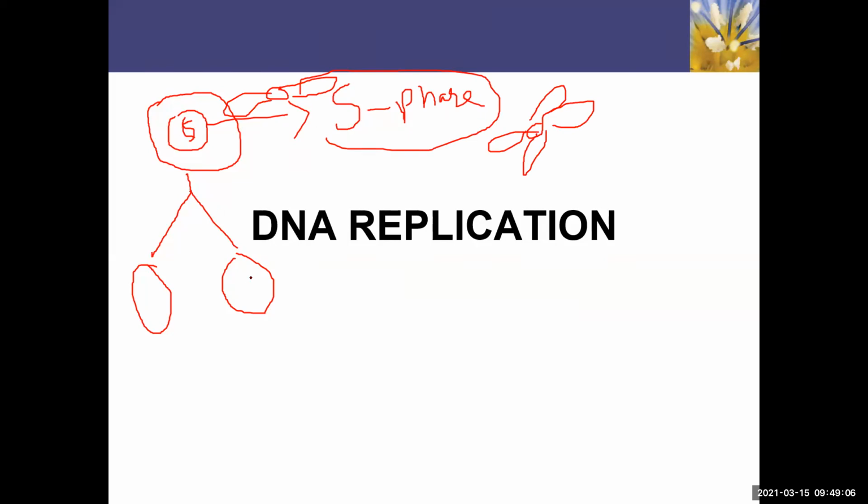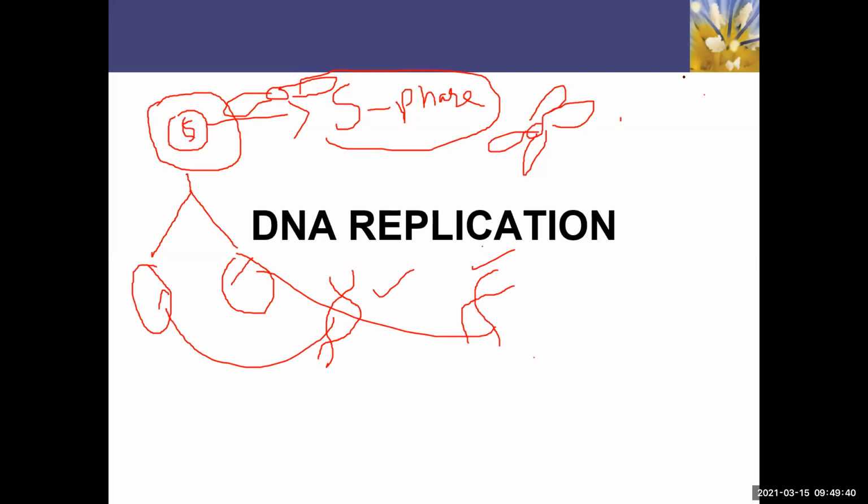So in order to send DNA to the next generation, we need to replicate the DNA. The two strands will be separated, and each strand will copy its own complementary strand. As a result, at the end we will get two molecules of DNA, which we can send to this cell and to the other cell.